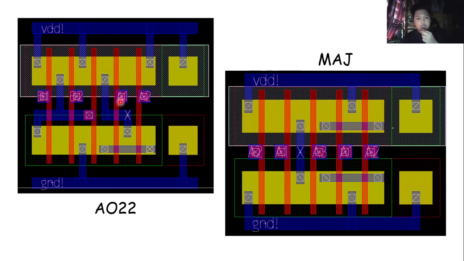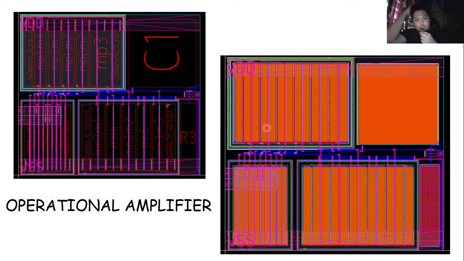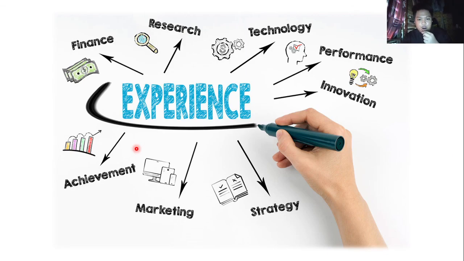Next are the intermediate circuits, which are the AO22 and MAJ layout designs. Next is an advanced circuit, which is a flip-flop. And lastly, for our final project, we were tasked to make a layout for an operational amplifier.